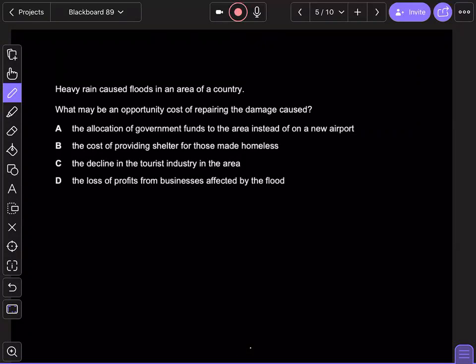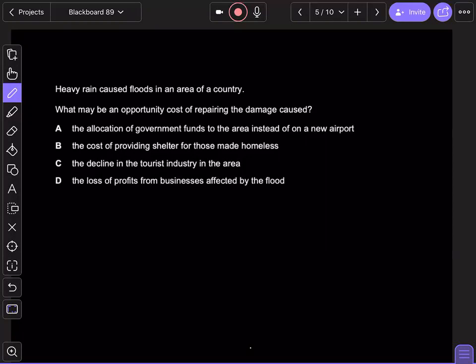So what will be the opportunity cost of repairing the damage caused? Let's look at option A, the allocation of government funds to the area instead of a new airport. B, the cost of providing shelter for those made homeless. C, the decline in the tourist industry in the area. And D, the loss of profit from business affected by the flood.